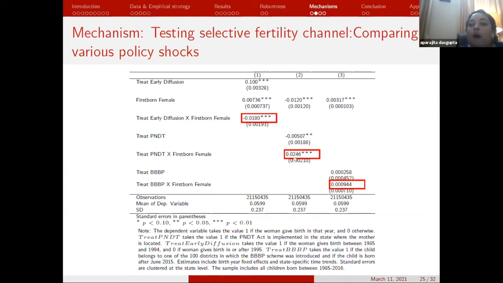So it's actually opposite. The ban is producing results opposite to what you have with access to the technology, and this is what you would expect if the ban has increased the cost of accessing sex selective abortion. And in terms of the B3P result, we don't have any significant results, but again, these are very short run results. If we look at long run data, perhaps we could get the true estimate of the treatment's effects.